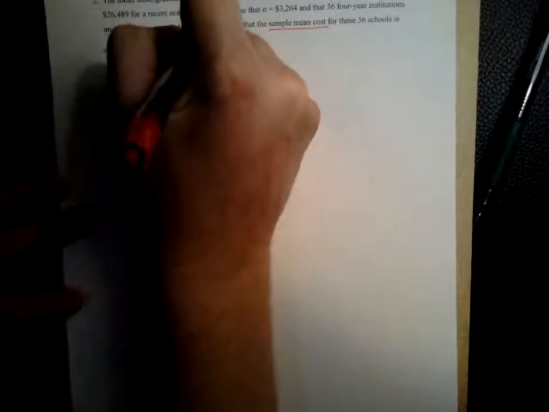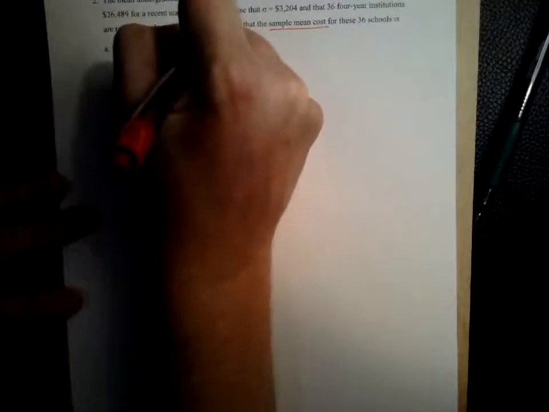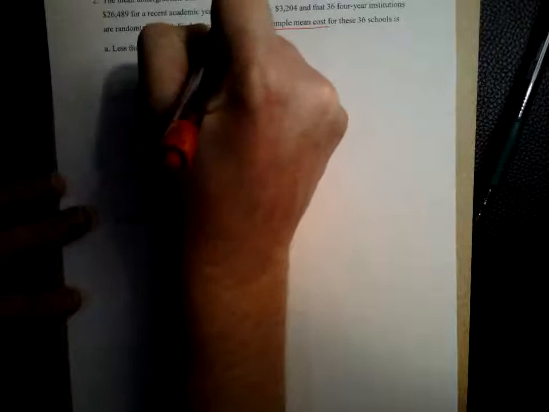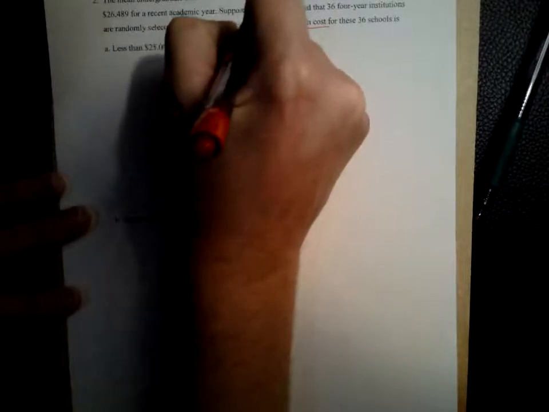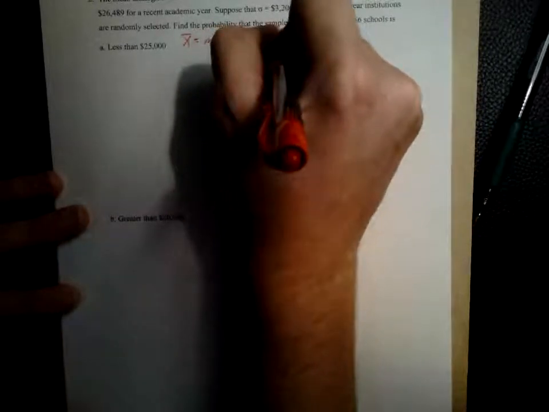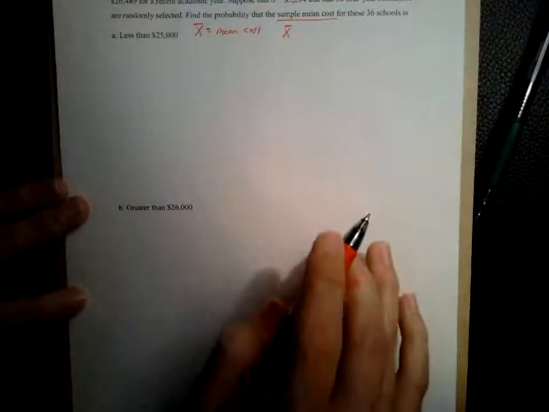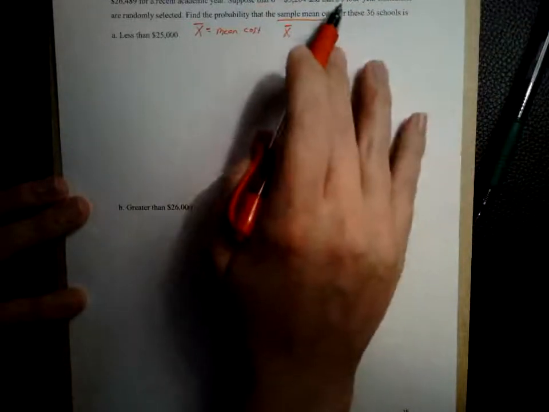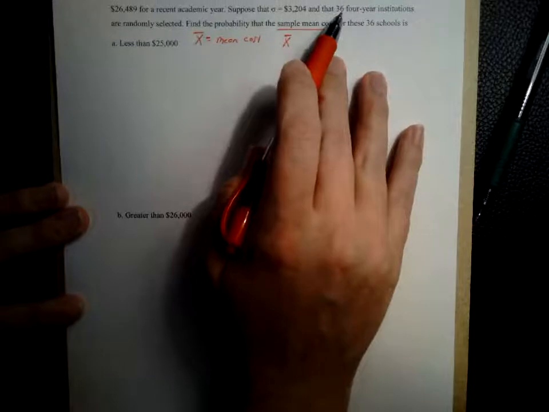That means we're looking at the distribution of x bar. Then in this case, our random variable x bar is the mean cost. And what is its distribution? We don't know the distribution of x actually yet in this problem, but we do know the sample size is greater than 30.